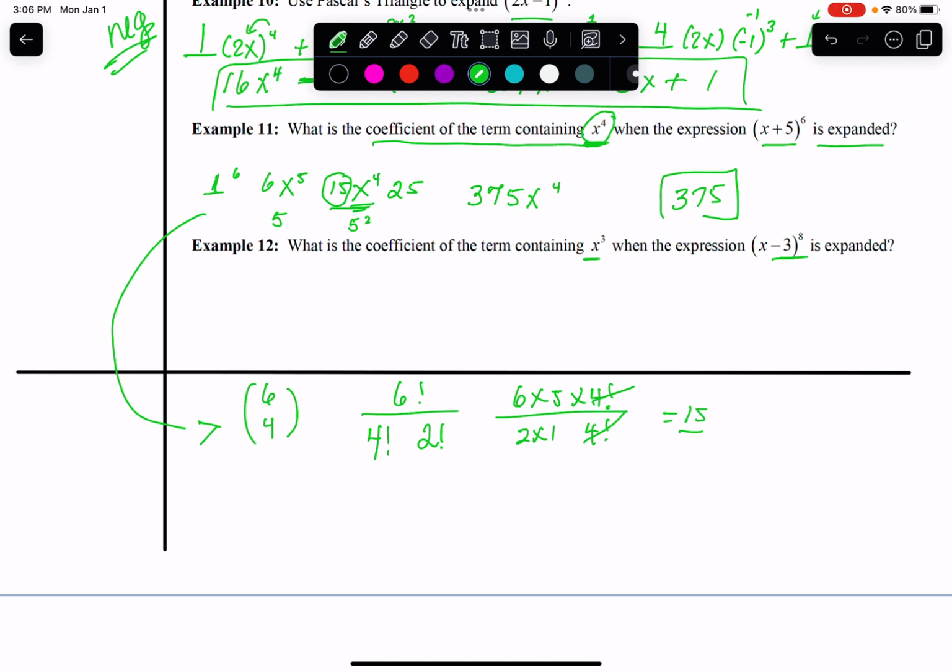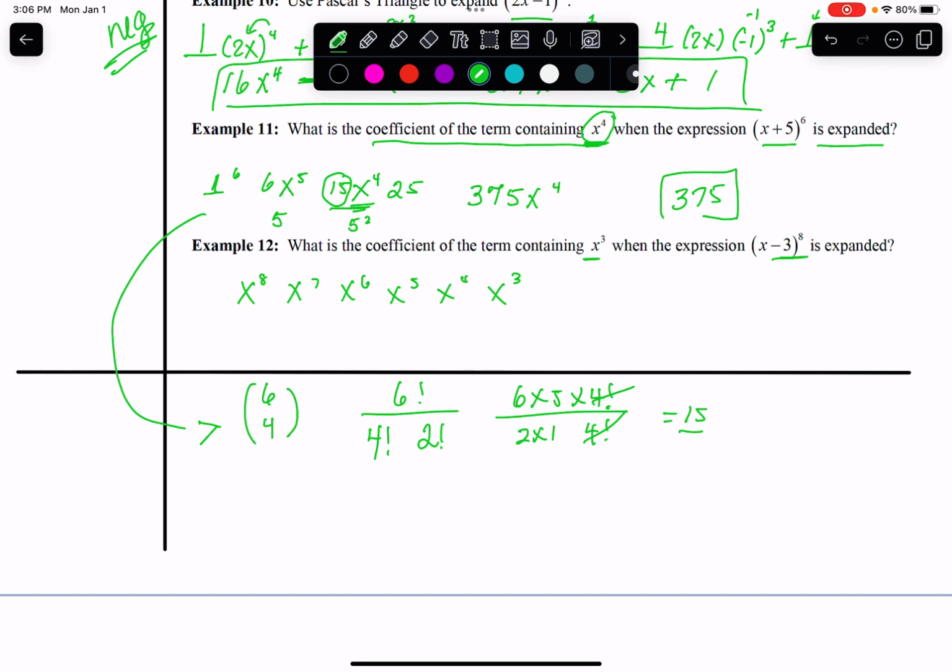So I'm back here looking at example 12, and we want the 8th term. I'm not going to use Pascal's triangle. I'm going to figure out what it is without it. So first of all, I have to go 8 out. So I have x to the 8, x to the 7, x to the 6, x to the 5, x to the 4, x to the 3.